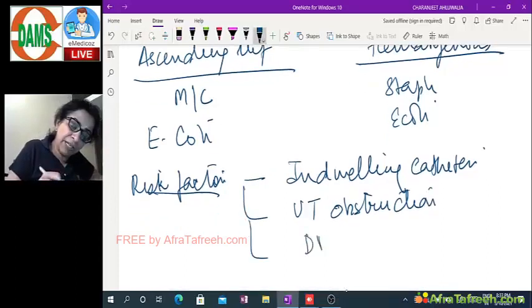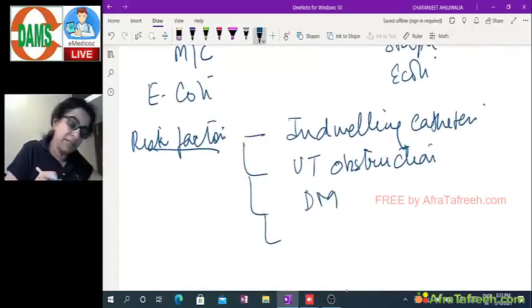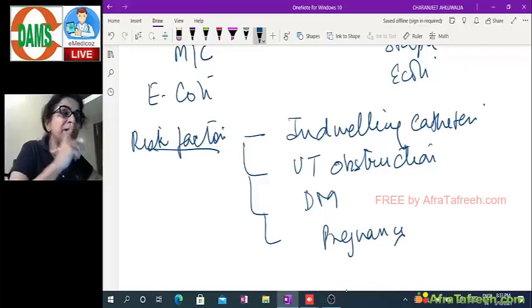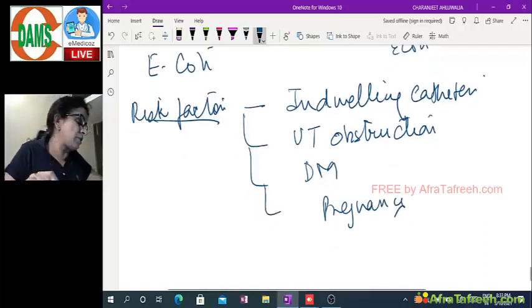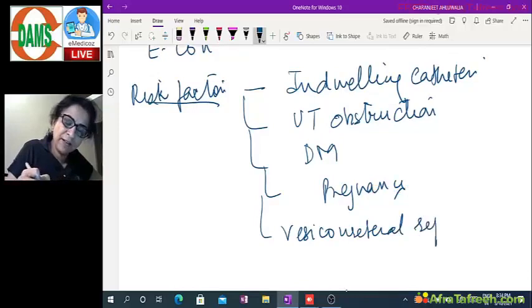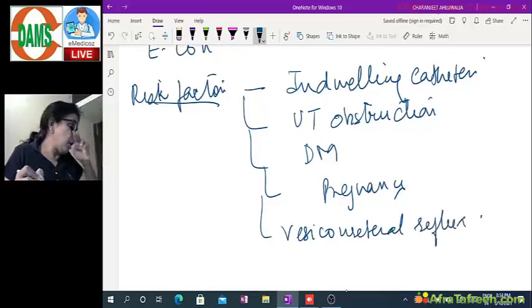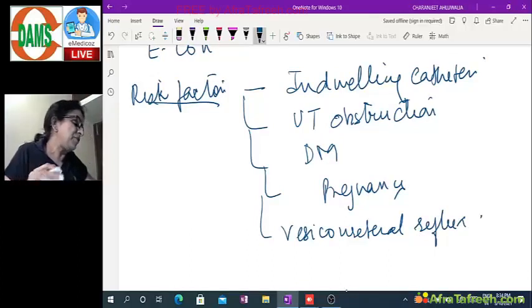Third, patients with diabetes mellitus are prone to develop UTI and pyelonephritis. Pregnancy, because the pregnant uterus presses on the ureters and can cause obstruction. And then vesico-ureteral reflux. All these are risk factors for infection reaching the kidney.